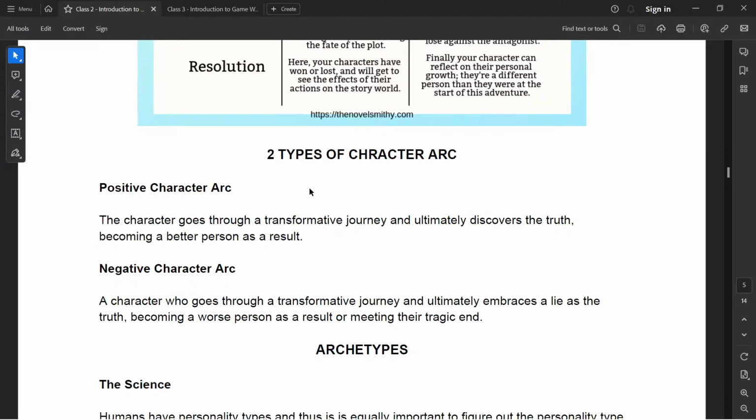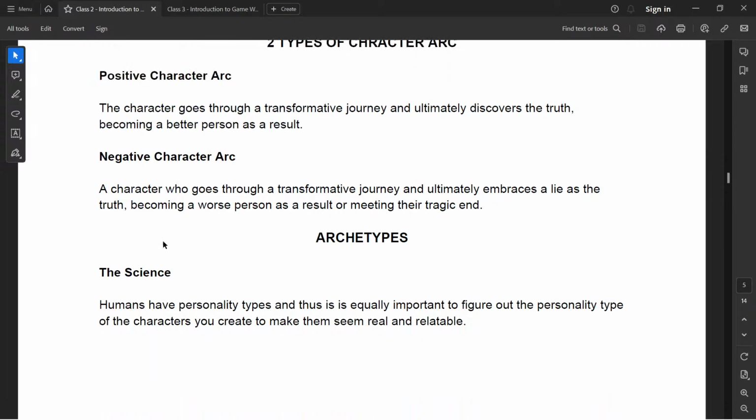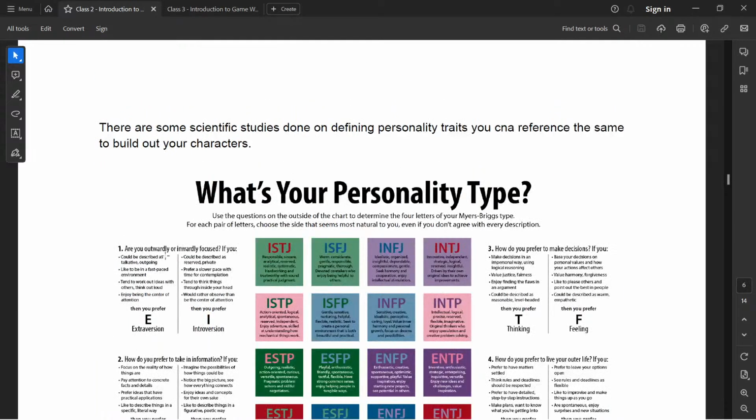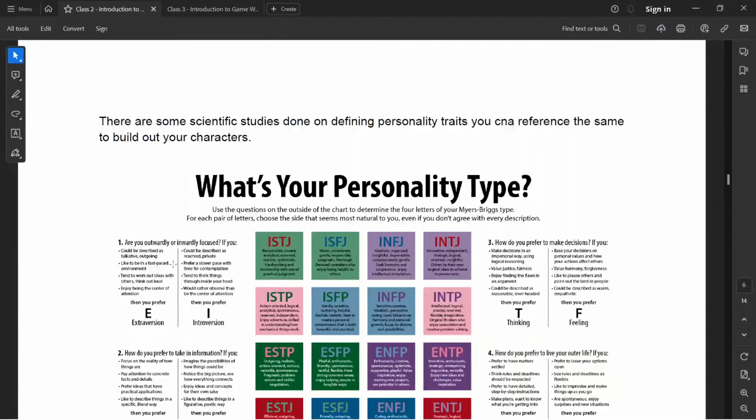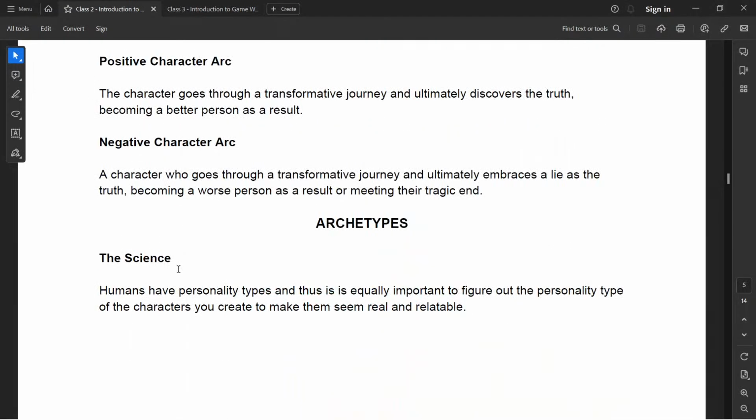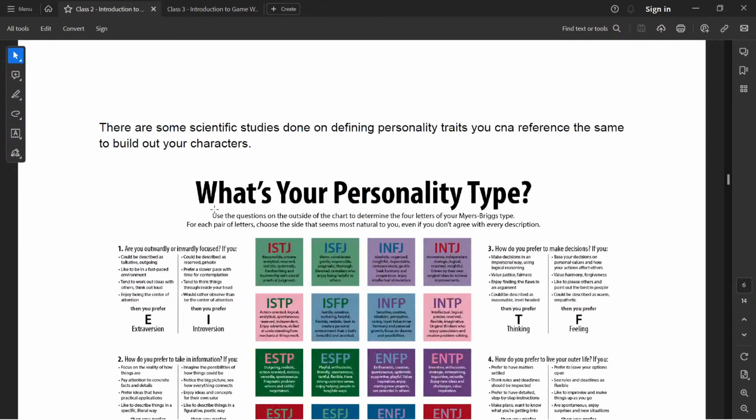This entire transformative journey just makes him embrace that truth as a lie, and then he becomes a worse person by letting everyone else die, letting the plague continue, and he himself lives in the story. So those would be the two types of character arcs. If you haven't played Infamous 2, I suggest you somehow find a way to play that game.